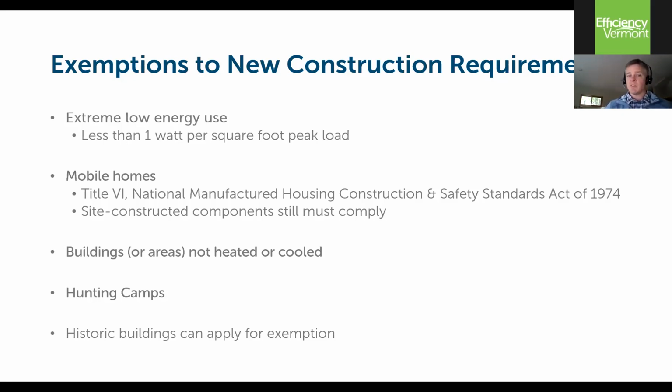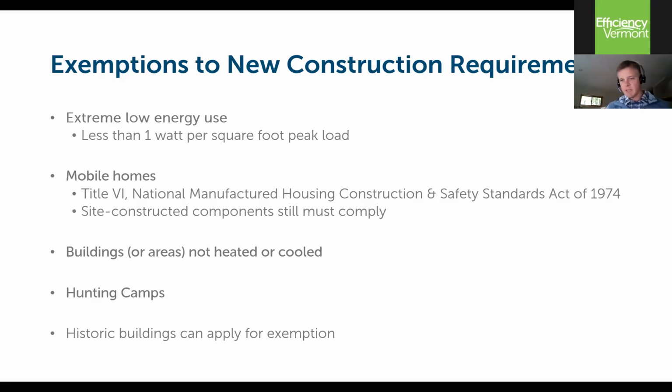Any buildings that aren't heated or cooled, non-conditioned buildings, do not need to meet the code. If you have a garage that's not heated or separate from the house, that doesn't need to meet the code. If you have an outbuilding that's not conditioned, that doesn't need to meet the code.